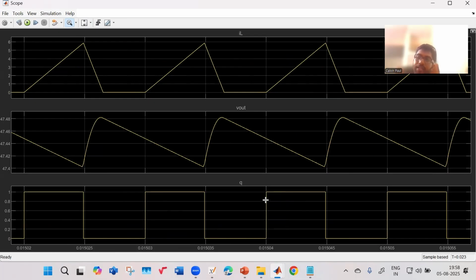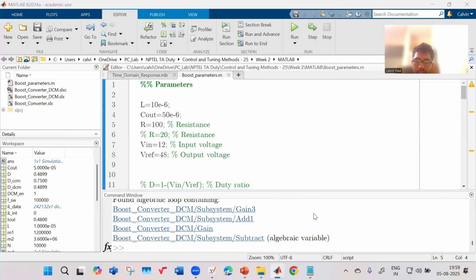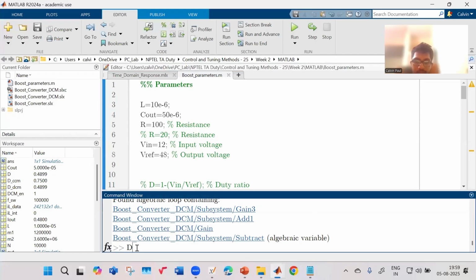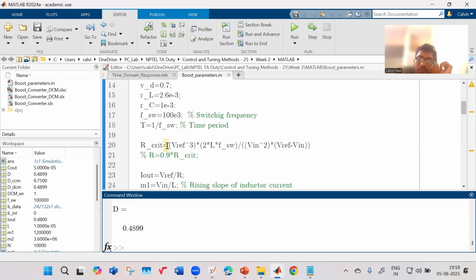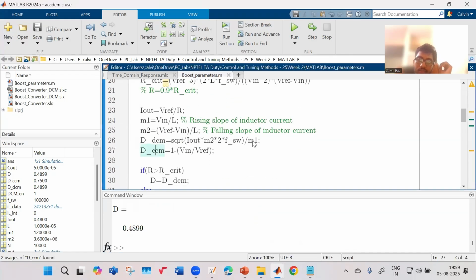But that equation is valid only for continuous conduction mode. When we go to discontinuous conduction mode, the duty we found from the expression I had derived is 0.4899, less than 50%. This is the duty which is required.